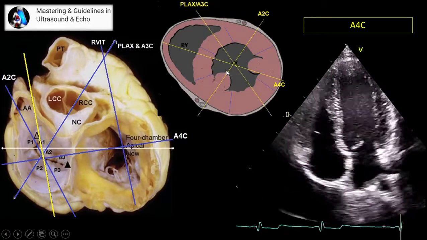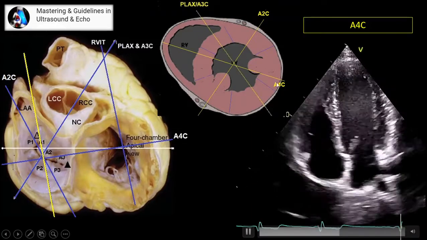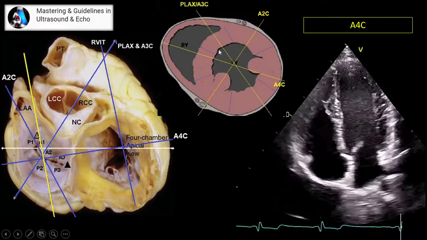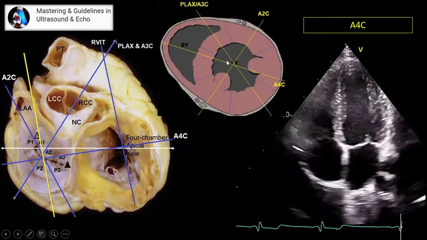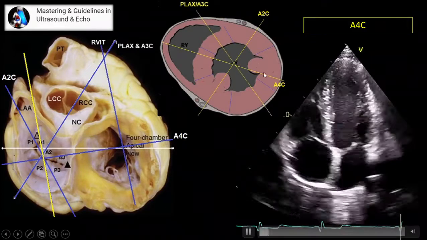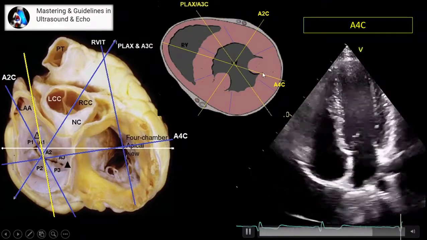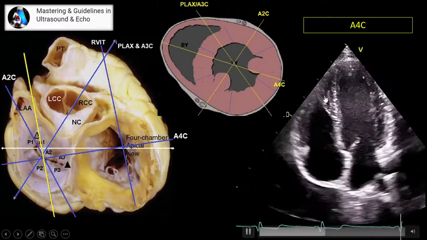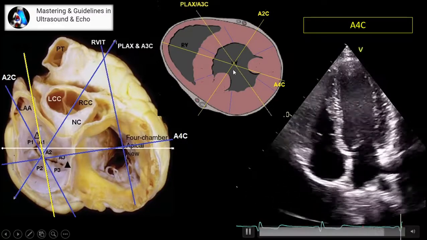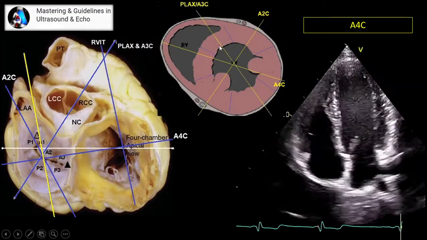And again, I am going to emphasize, depending on our plane that passes through that structure, it can be different. Just keep in mind, if you're twisting too much clockwise, instead of the 3, your marker will be around 4 or 5. Maybe you still have a four-chamber view, but that septum will not be posteroseptal anymore, it will be anteroseptal.